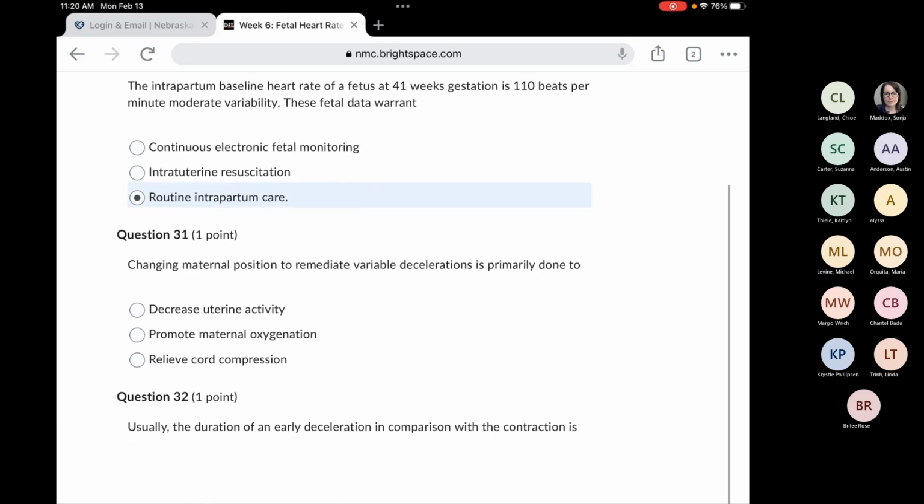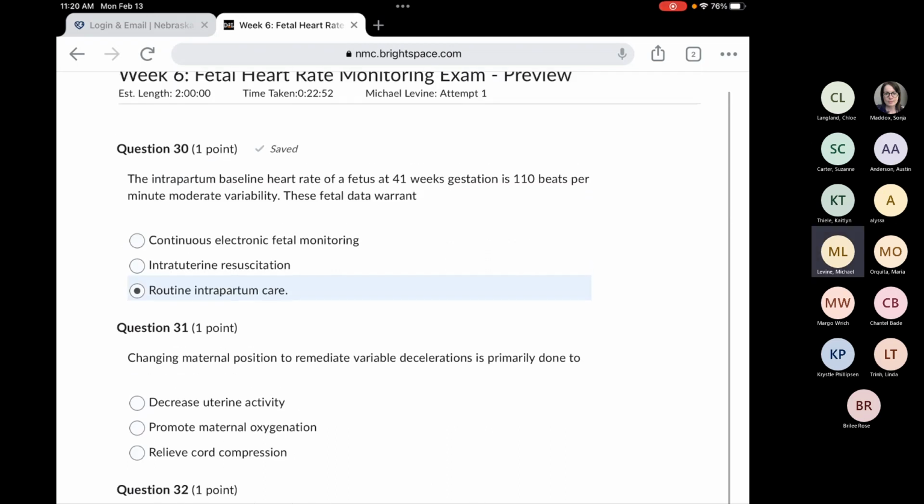31. Changing maternal position to remediate variable decelerations is primarily done to decrease uterine activity, promote maternal oxygenation, relieve cord compression.